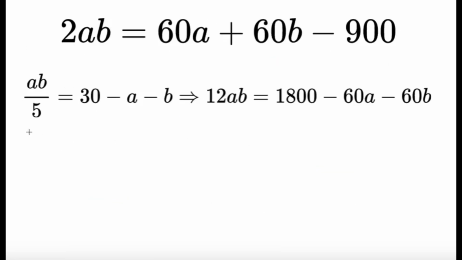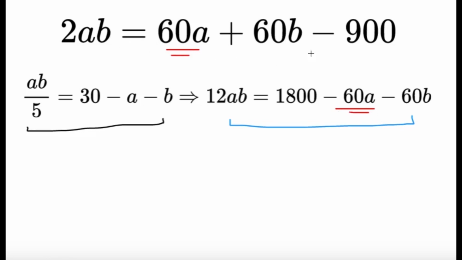We use the fact that if we multiply 60 on both sides of the other equation, we end up with this equation: 12ab equals 1800 minus 60a minus 60b. This is nice, as I've mentioned, because I can add these two equations since 60a and negative 60a will cancel, and 60b and negative 60b will cancel.